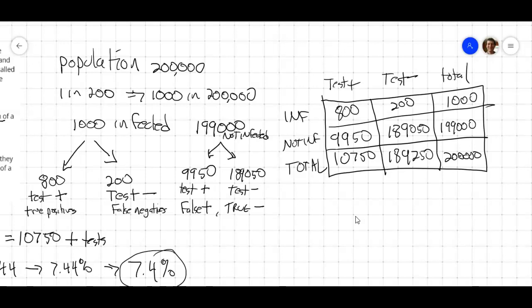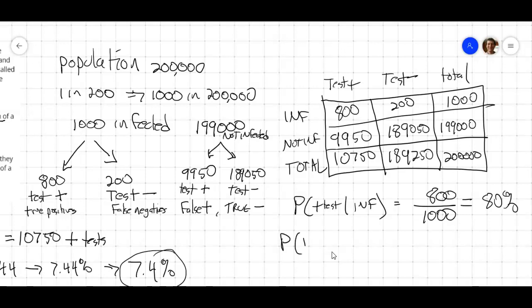So this is a nice way to work out the information, put it into a table, so that if we have the probability of positive test given infected, for example, given infected, how many people are infected? 1,000 people. What's the positive test? 800. That gives us our 80%.